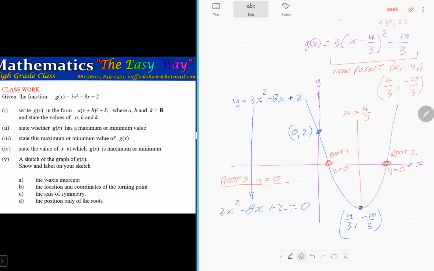And therefore, this is called a quadratic equation.